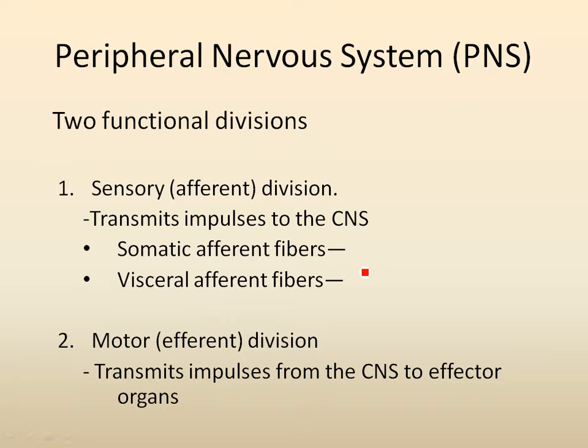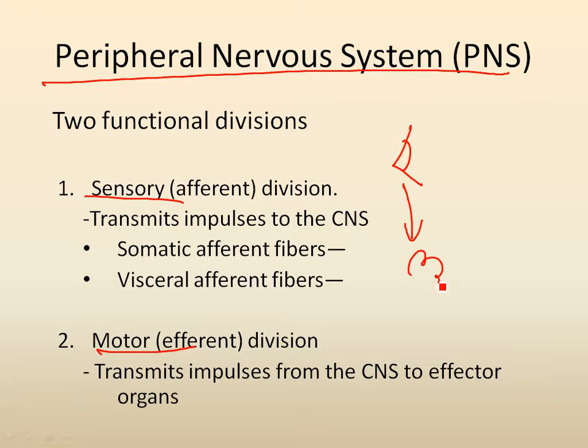There are two functional divisions of the peripheral nervous system, the sensory and the motor. If you remember, the eye saw the water, sent the information to the brain, and the brain sent that information to the muscle.